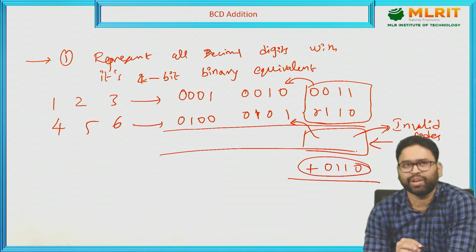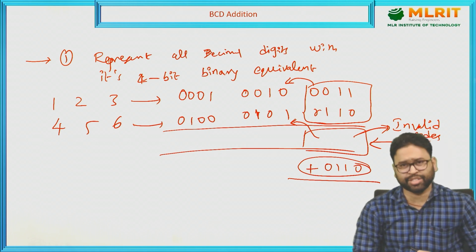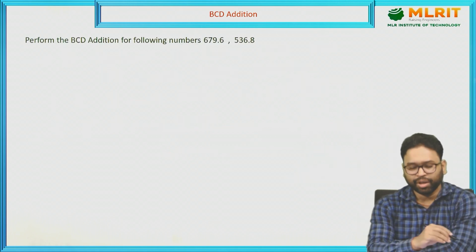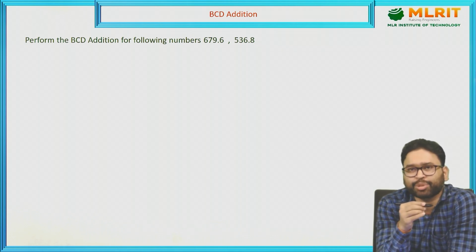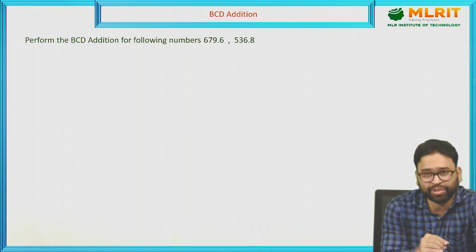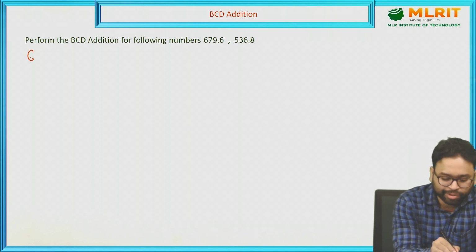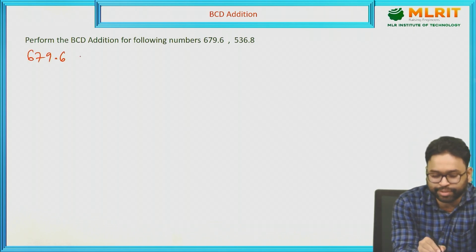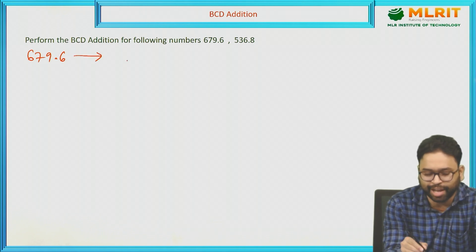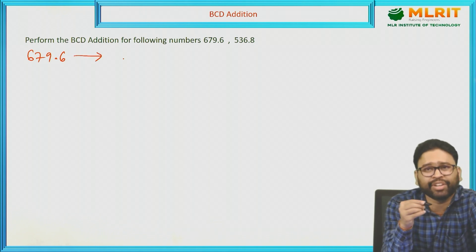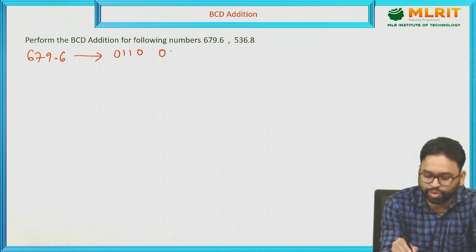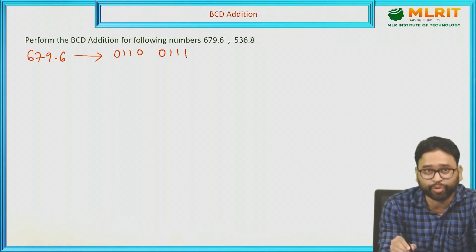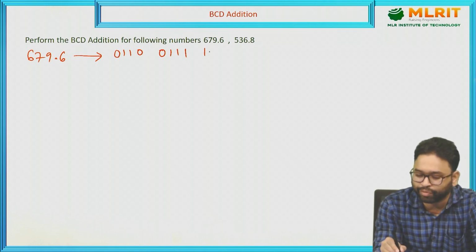Okay, now let's consider one problem. Here, perform the BCD addition for the following numbers 679.6 and 536.8. Let's try to represent those values. For 679.6, the BCD value will be, we are supposed to represent each and every digit with its 4-bit binary equivalent. In that case, 6 will be 0110, 7 will be 0111, that is the 4-bit binary equivalent of 7, and 9 will be 1001.